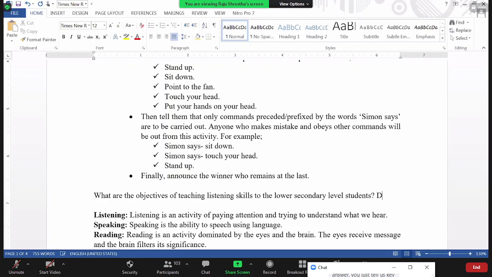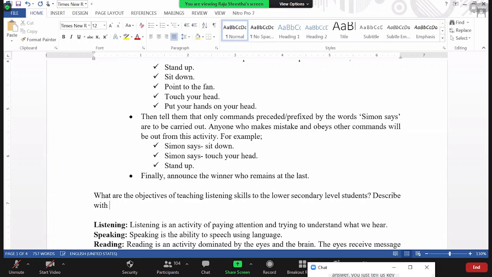Here, they can also ask to describe with examples. Describe, meaning also describe any four activities to achieve those objectives. This kind of question can also be asked.